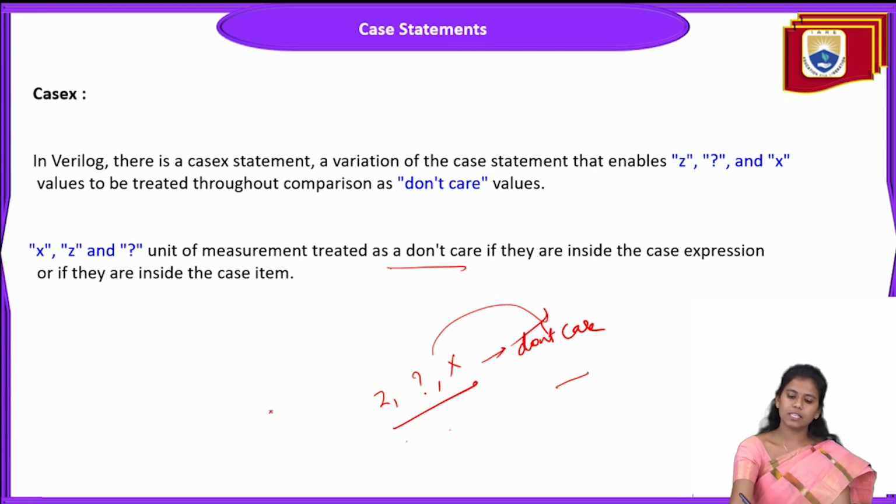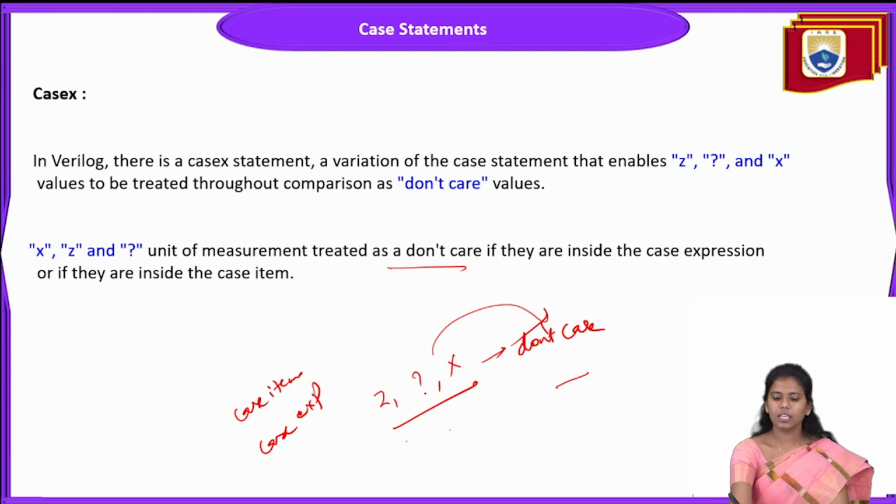They can be inside the case item or case expression. Wherever you find Z, X or question mark, you can write it in terms of case Z or case X. So these are just a representation of how to write a particular statement when your output is in terms of Z, X or question mark.